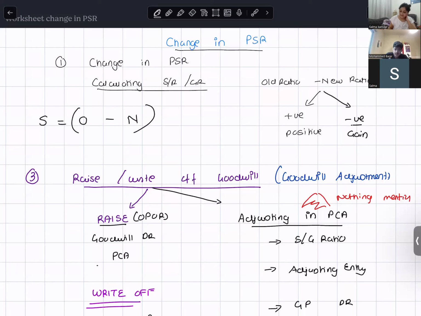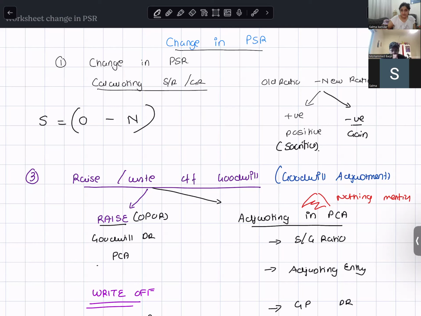If the answer is positive, then it is a sacrifice. And if the answer that you get is negative, then it will be a gain. Are you with me? Yes, ma'am. So sacrificing ratio is old minus new; if the answer is positive, it is sacrificing, and if negative, it is a gaining ratio.